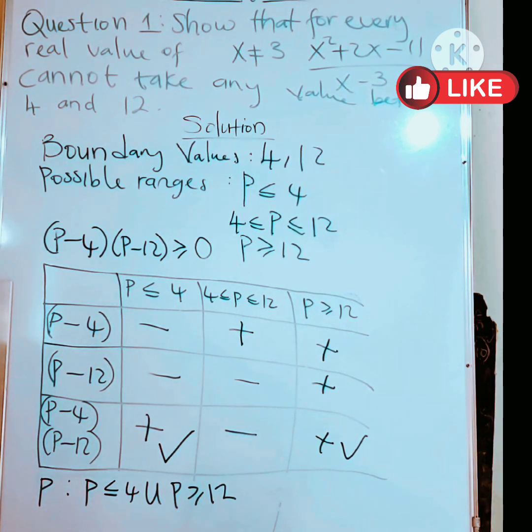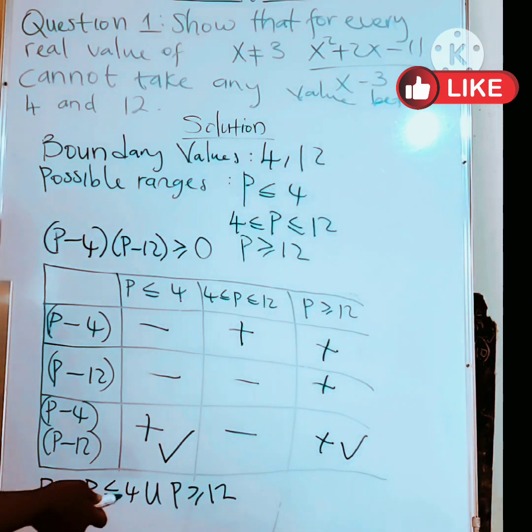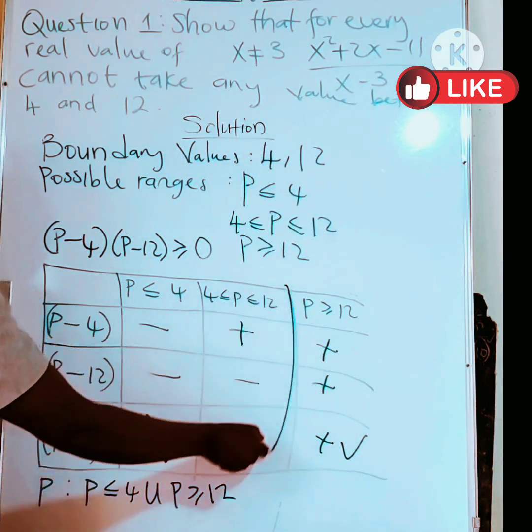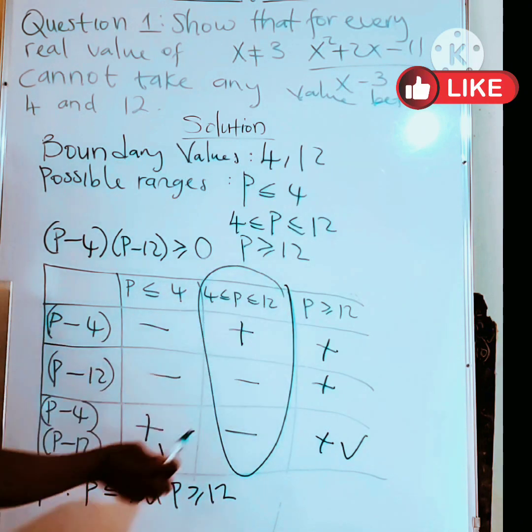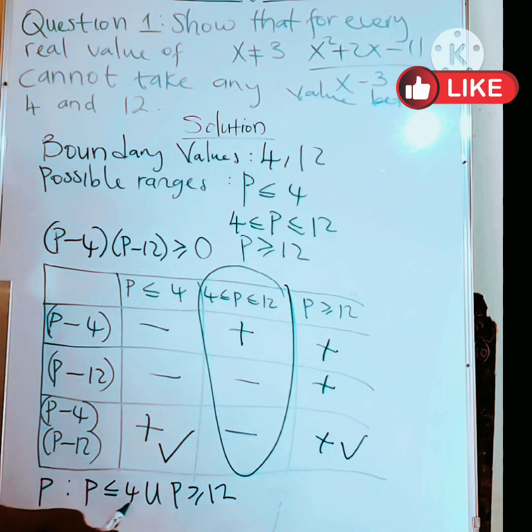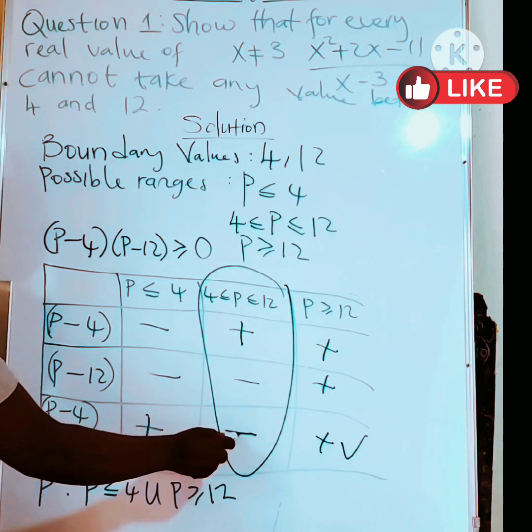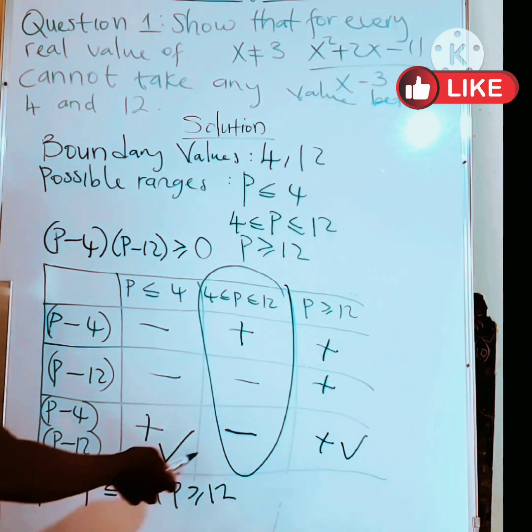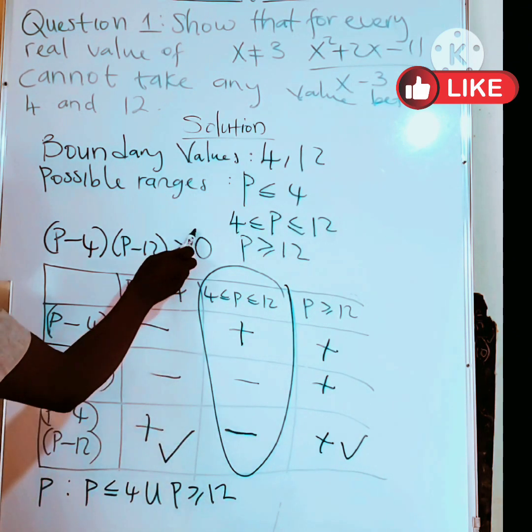So this is a proof to tell us that this expression, x squared plus 2x minus 11 on x minus 3, cannot take any value between 4 and 12, because this is the range that lies between 4 and 12. But you see, it has a negative solution less than 0, and so it does not satisfy our inequality.